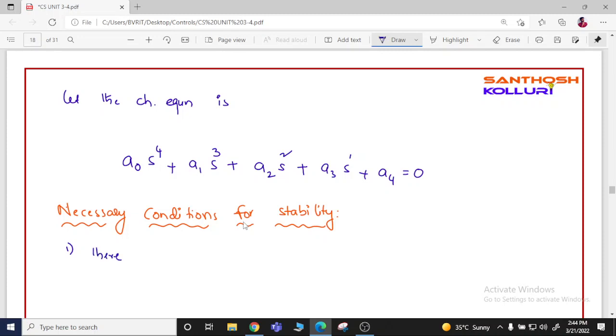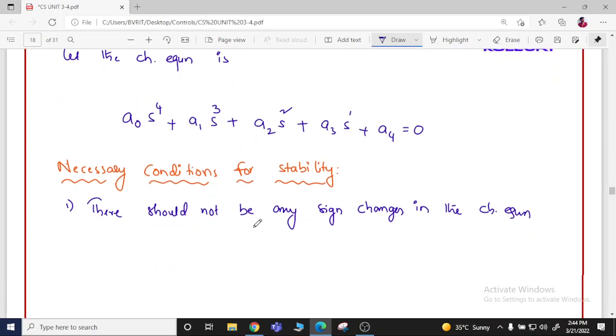That is the first necessary condition for Routh criteria. Either plus or minus, the coefficients of the characteristic equation should have the same sign.